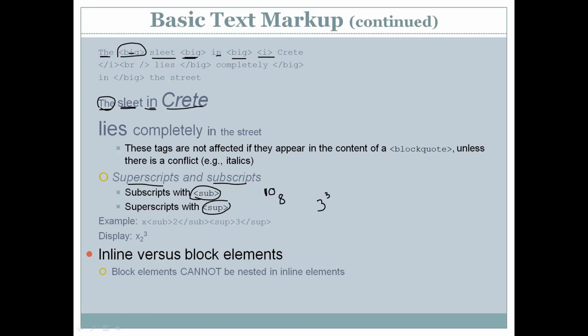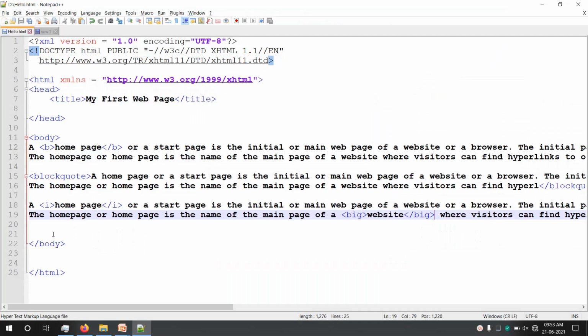Now let us go through an example to see this. I'll open the notepad. Consider I want to display 50 to the base 10.